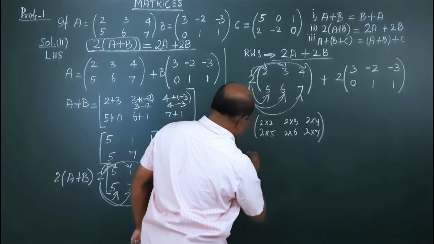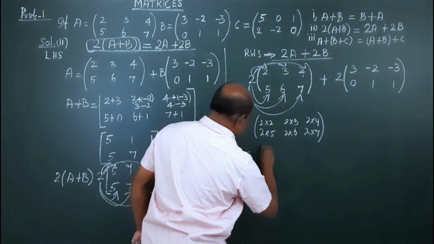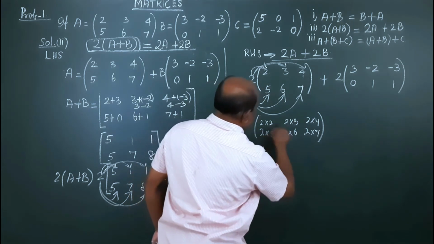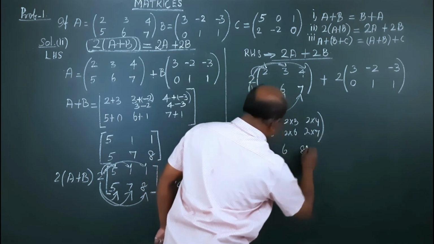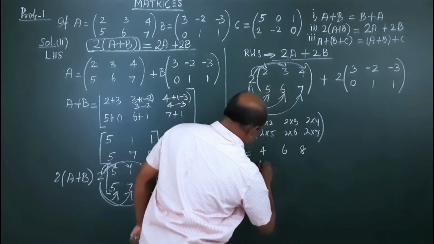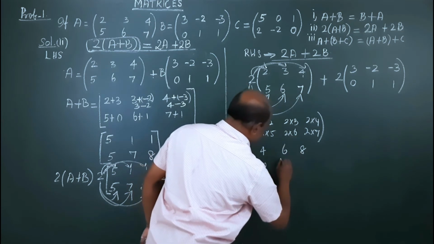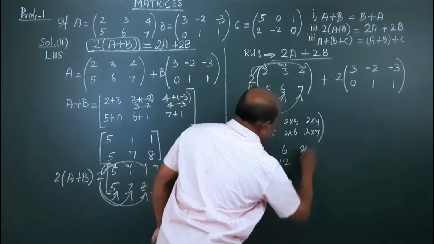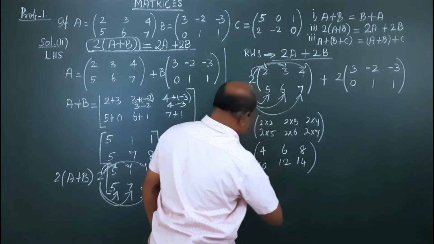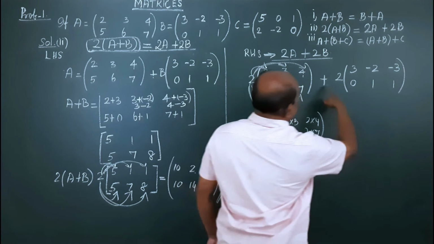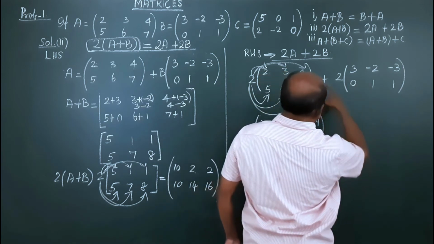That is equal to 2 into 2, 4, 2 into 3, 6, 2 into 4, 8, 2 into 5, 10, 2 into 6, 12, 2 into 7, 14. This is 2a. Now we have to find the 2b.